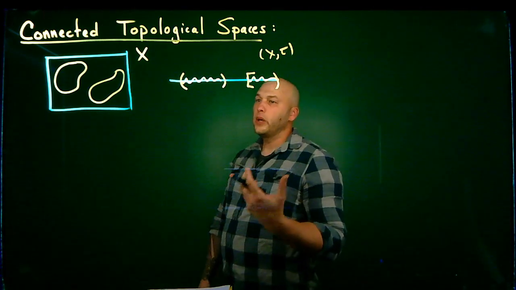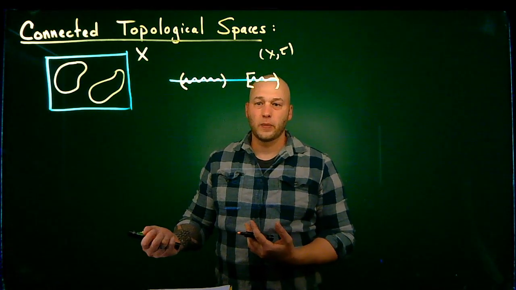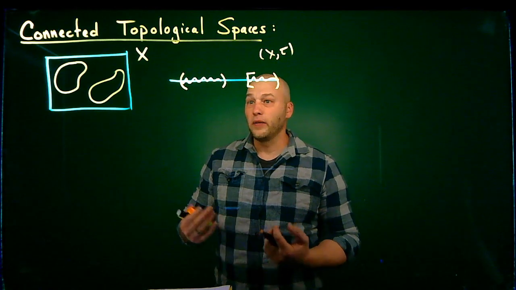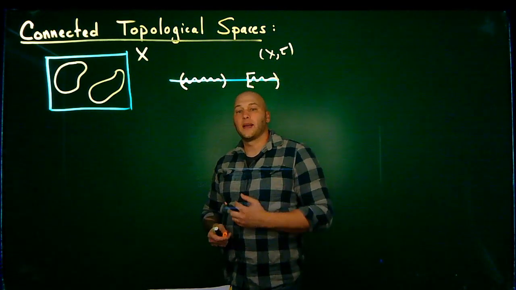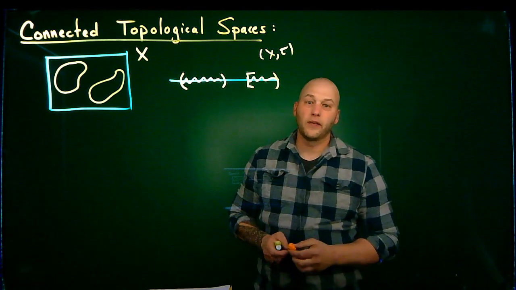A lot of times we can't visualize topological spaces, say a finite set with some weird topology on it, or even just a real line with some weird topology. So, of course, we have to have a formal definition of it.